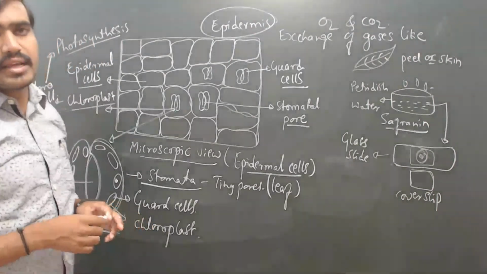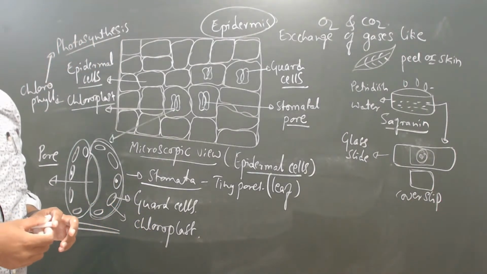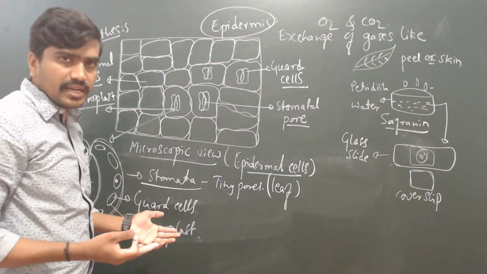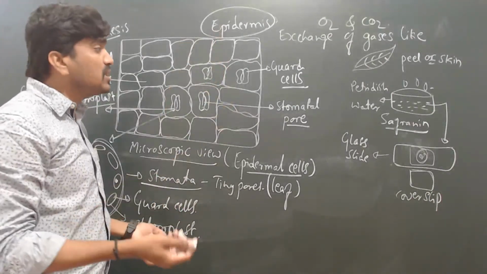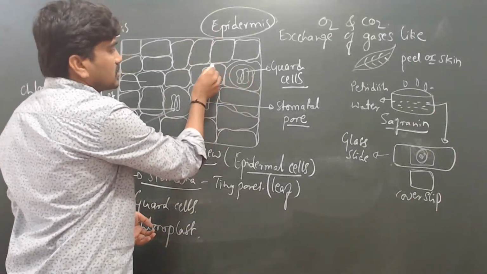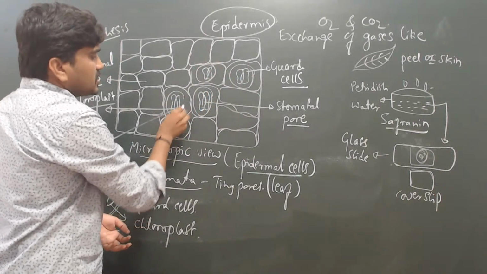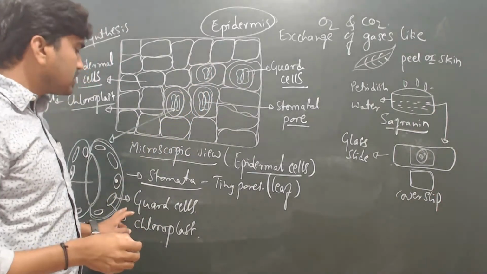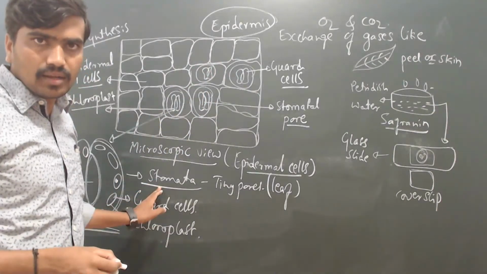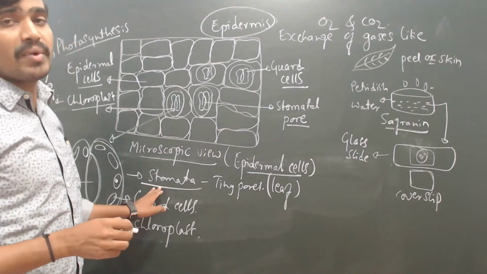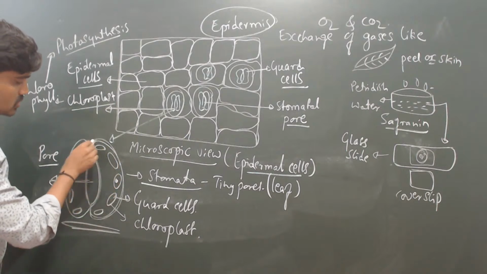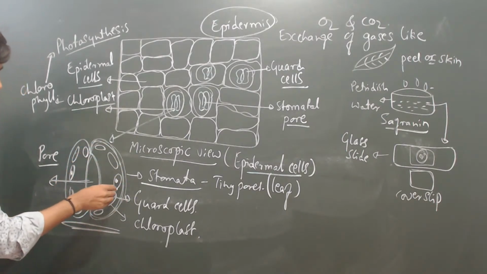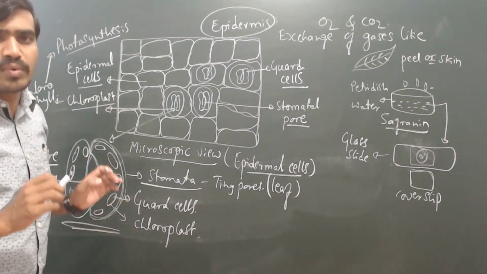Other types of structures are also seen with the epidermis. Which ones? These structures. What are these structures? These structures are nothing but stomata. The stomata contain three main parts: the stomatal pore, the guard cells, and under the guard cells, chloroplast.